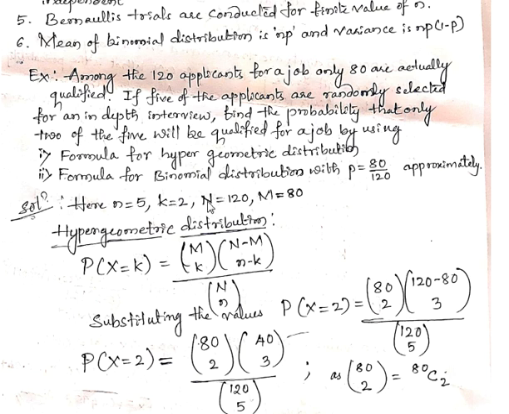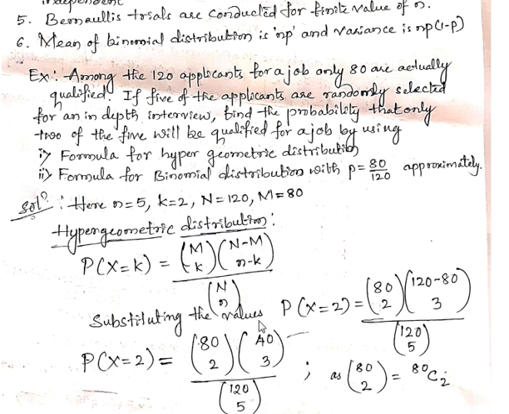And capital N, because the total number of applicants is N, and M is the number of qualified applicants. Then in such cases, by using the hypergeometric distribution, p of x equal to k is found with this formula.